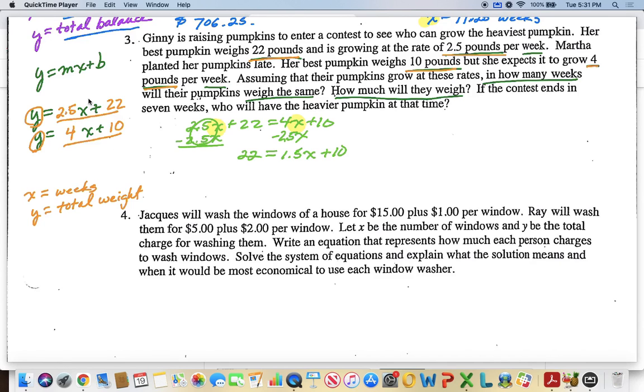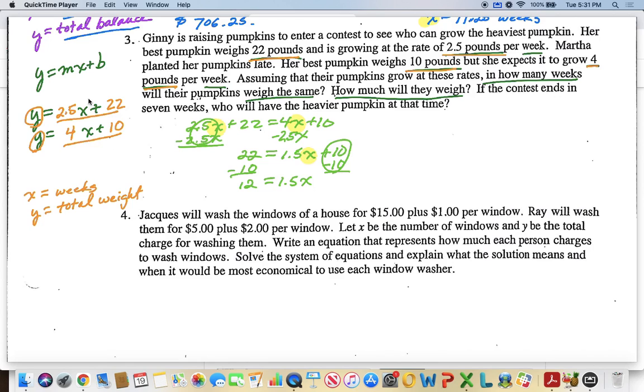Remember, we're still trying to isolate this x. So the next thing we'll do is remove that 10 by zeroing that out. We'll subtract 10 from both sides. So on the left-hand side here, we'll have 12 left. And over on this side, we've zeroed out the 10, and so we've just got 1.5x.